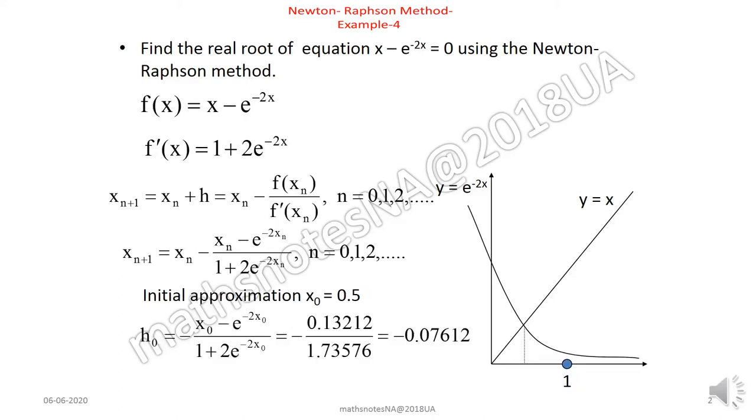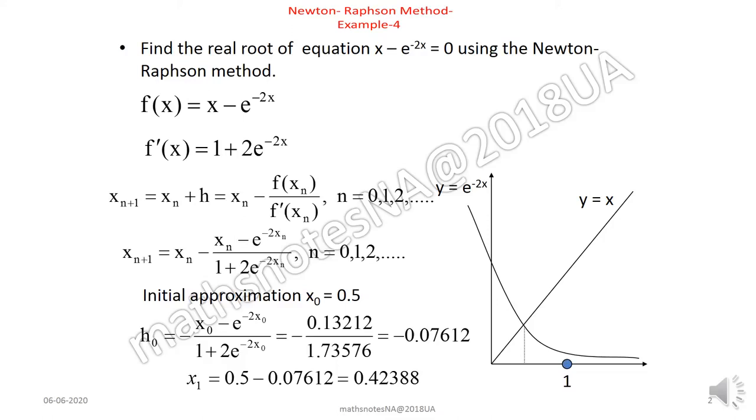This term we write with a minus sign, which we can denote h0. Calculate this term, which comes this. So x1 will be 0.5 minus h0, and this comes 0.42388.